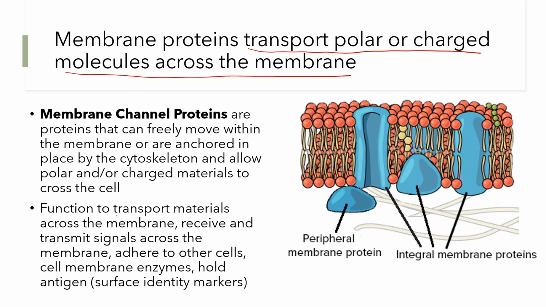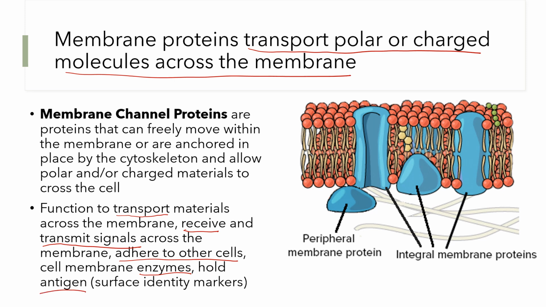The main one is that transport of materials across the membrane, but we have tons of other membrane proteins that can receive signals, they can send out signals, they can cause one cell to stick to another. They can act as enzymes that are performing chemical reactions and functions at the level of the cell membrane itself.